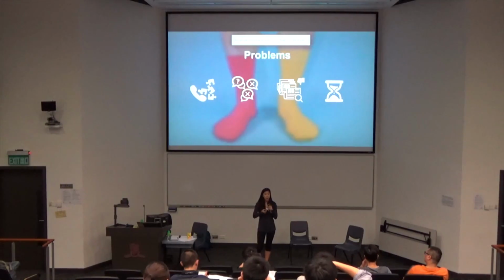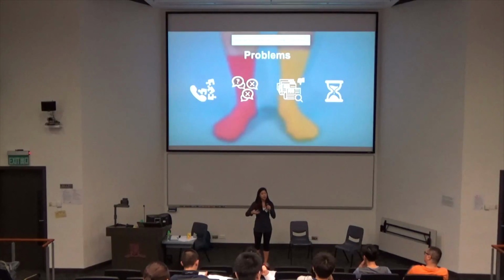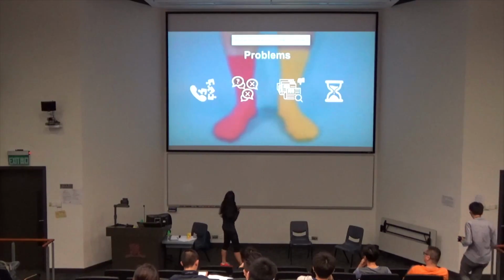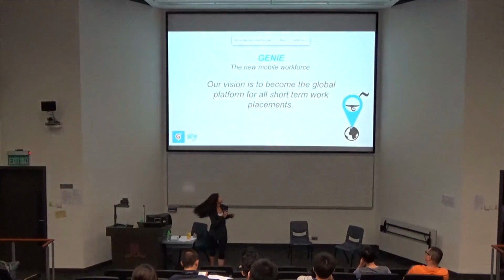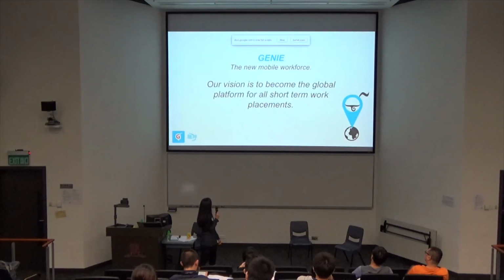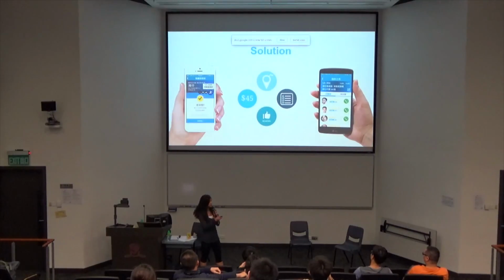Through an app, they can easily find a job close to them, because time is money, traveling is money, and so everything matters. Our vision is to become the global temporary placement platform. And we are still working on that. Always have hope and grit, remember.